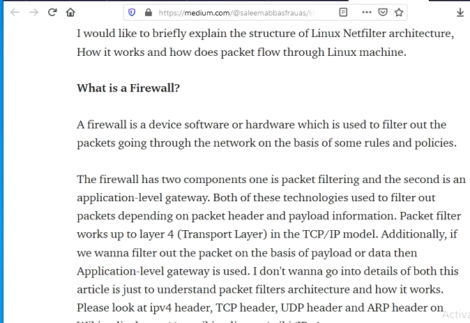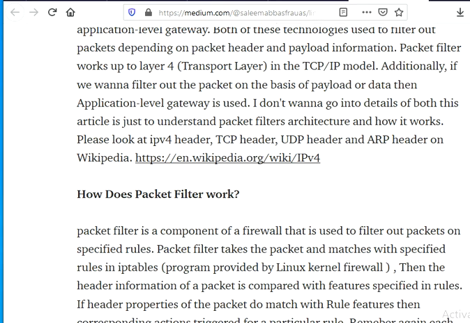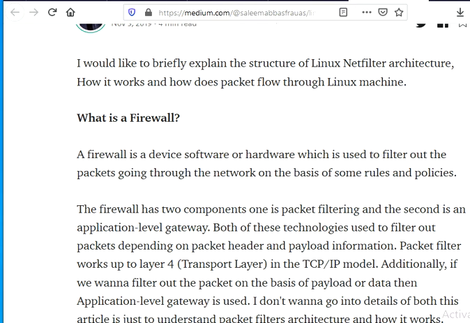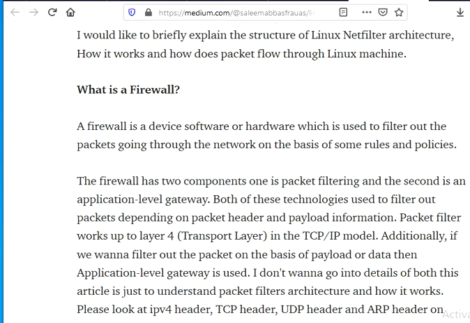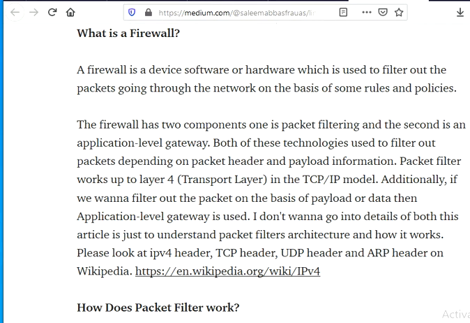He explained it very well. The first explanation was about what a packet filter is, what a firewall is. A firewall is a device, software or hardware, which is used to filter out packets going through the network on the basis of some rules and policies, as I mentioned in my previous videos.